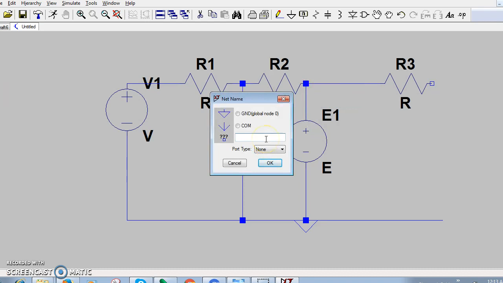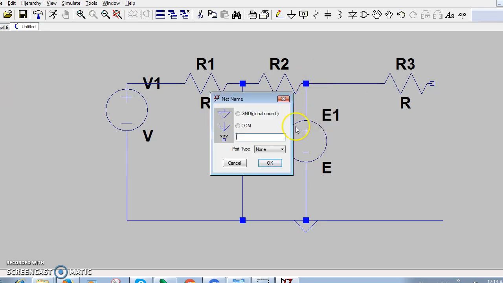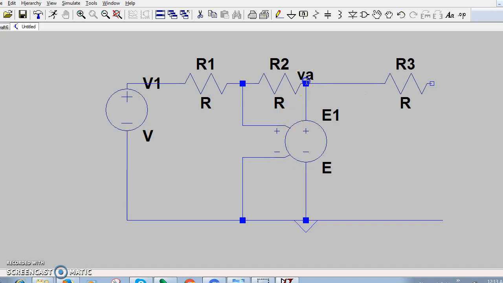No, since V1 is there, we'll label this VA. Okay, and hence by finding a voltage VA, we can find the VThevenin, which will be VA across these two terminals.